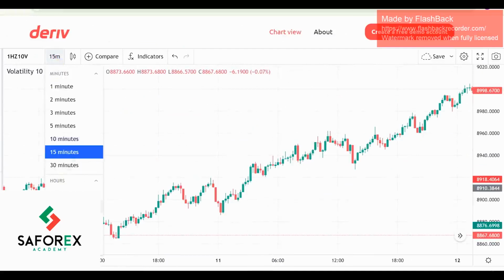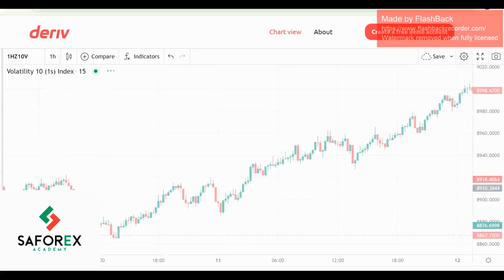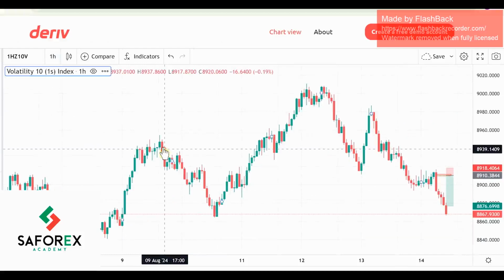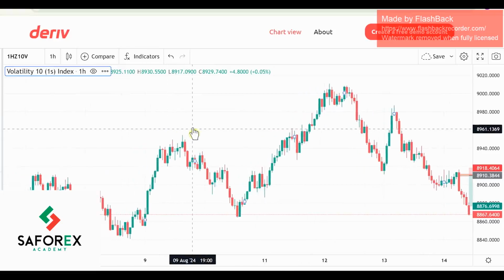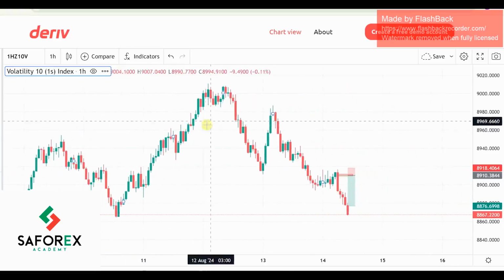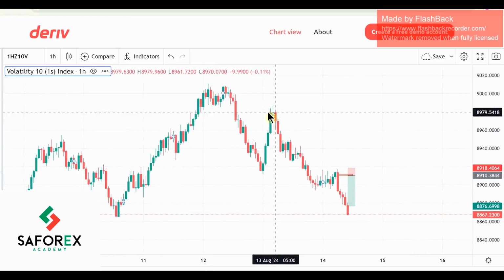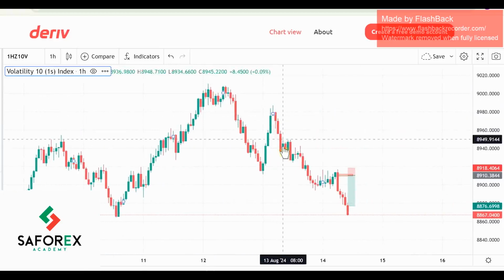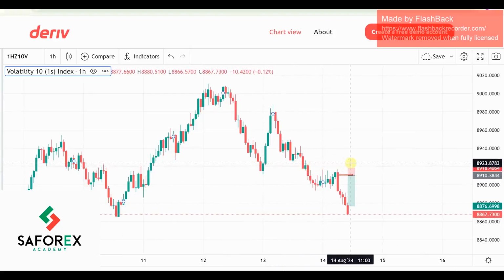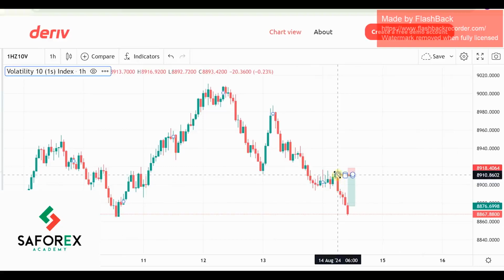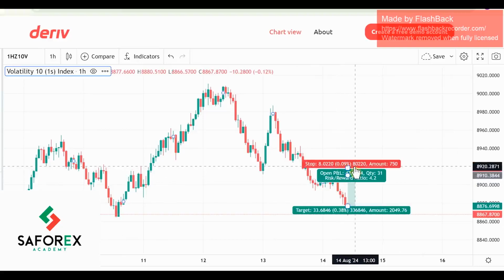Let me check the 1 hour time frame for this market before we round up. So market failed here, right? So price coming back to this place later on. Price comes back here and crashes down.